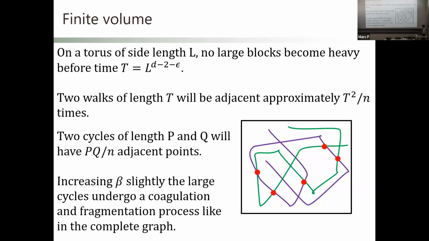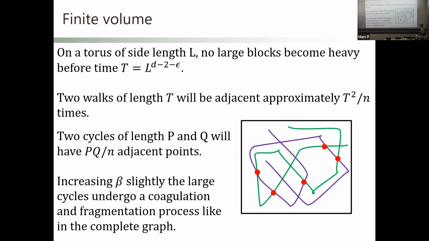Okay. And now, to finish things off, I'm going to slightly adjust our value of beta. And slightly adjusting beta is the same as adding in a few extra transpositions. And so each time I add in a transposition, it will either merge two cycles together or split two cycles apart.